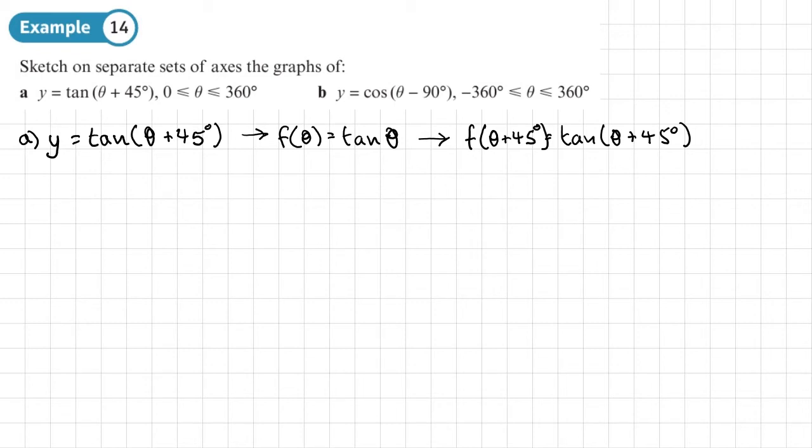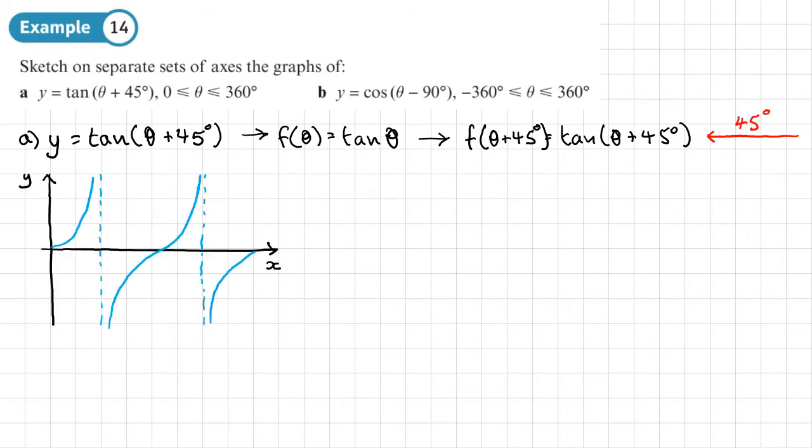Now this is a transformation that's going to move the graph this way by 45 degrees. Okay, so here's my normal graph of tan, and it needs to be shifted across this way by 45 degrees. So imagine the graph moving that way by 45 degrees. Another way of thinking of it is that the axis is going to move this way by 45 degrees.